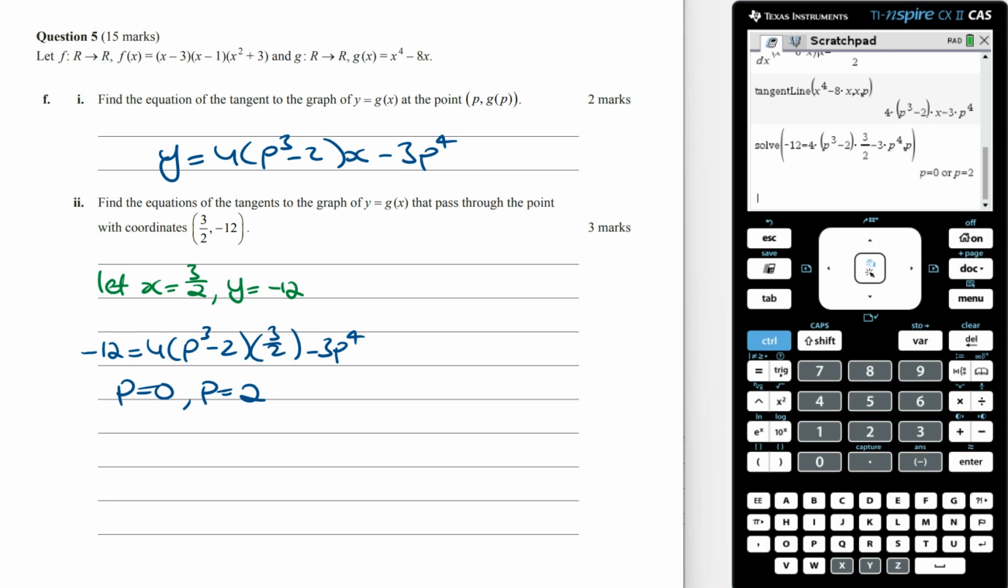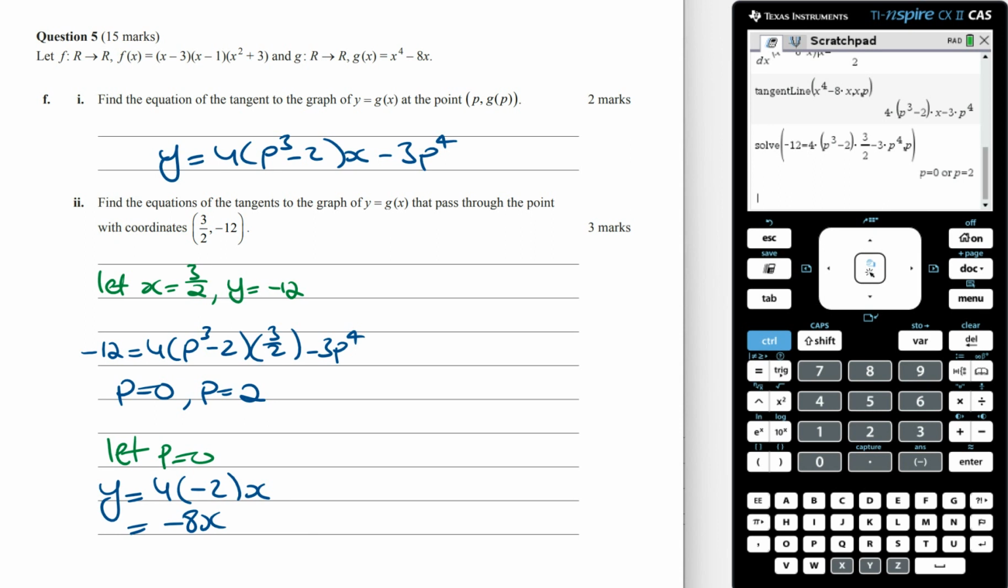From here, what we need to do is sub in p is equal to 0 and p is equal to 2 into the equation of the tangent line. And so when p is equal to 0, the first tangent line is going to have the equation y is equal to 4 times 0 cubed, which is 0, minus 2. This will be minus 2 times x and then minus 0. And so this is going to be minus 8x.